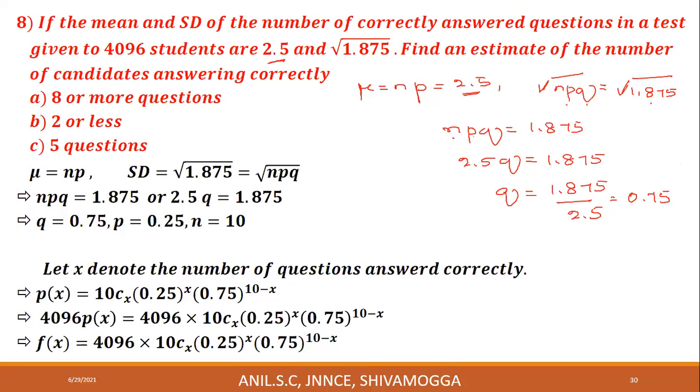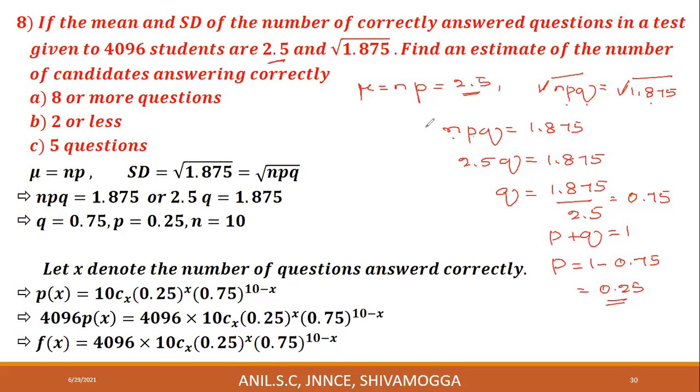Q is equal to 0.75. And we know that P plus Q is equal to 1. Therefore, P is equal to 1 minus Q, and Q is 0.75. 1 minus 0.75 is 0.25. The probability of answering a question correctly is 0.25.